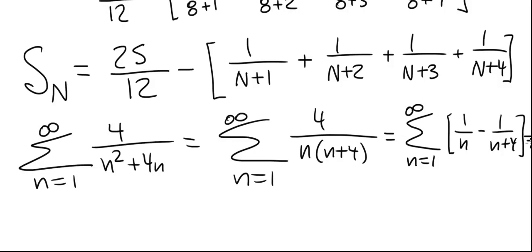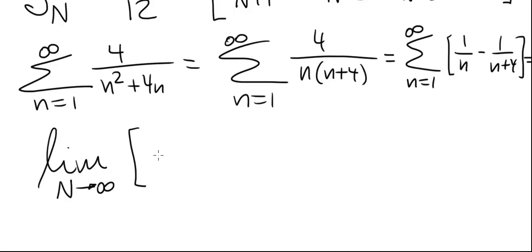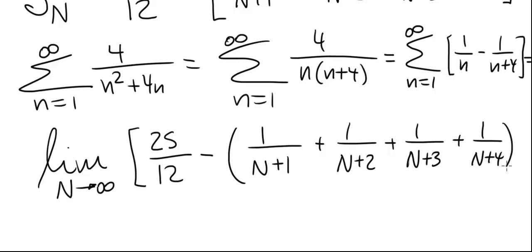And now this is equal to, by the definition of a series, the limit as capital N goes to infinity of the nth term of the sequence of partial sums, which is 25 over 12 minus 1 over n plus 1 plus 1 over n plus 2 plus 1 over n plus 3 plus 1 over n plus 4. Well, this is an easy limit to evaluate because all of these terms go to 0 as n goes to infinity, and we're left with 25 over 12, which is the answer.